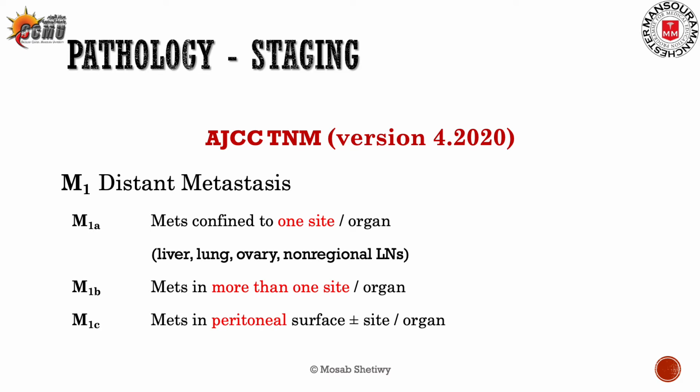It's subdivided in the latest version into 3 categories. M1a is metastasis confined to one site or organ, like liver, lung, or ovaries, but not the peritoneum. M1b involves more than one site, but if the peritoneum is infiltrated by tumor, it is staged as M1c because it is the worst prognostic factor amongst the 3 subtypes of the M stage.